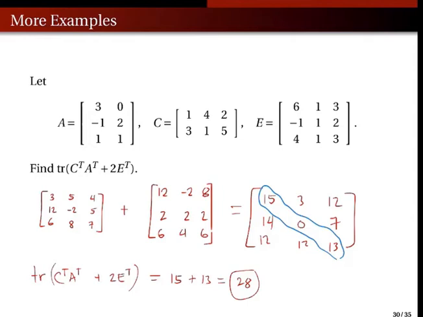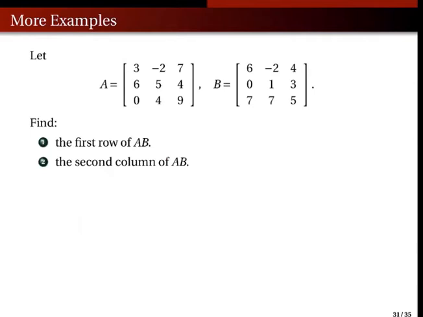Now, another example here. You have matrix A and then matrix B. Both are 3 by 3 matrices. Here, I want to find the first row of AB. Just the first row.